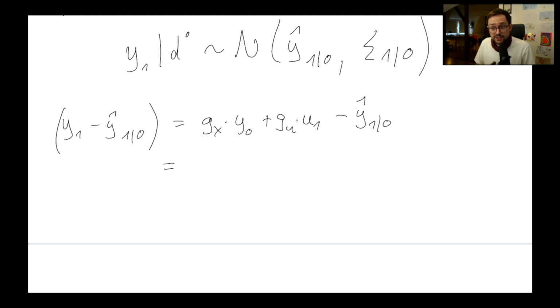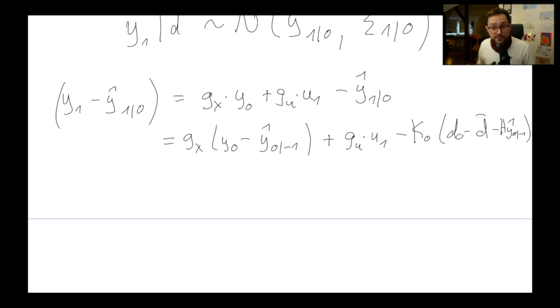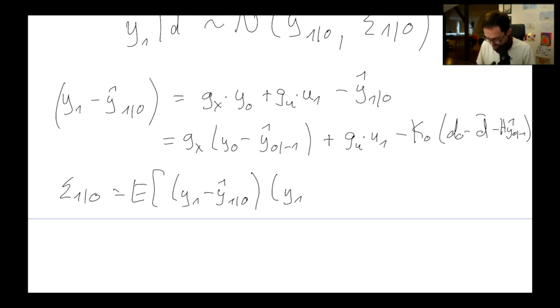Let's plug in the just derived equations and rearrange a little bit, and you can come up with this representation. And the covariance matrix Sigma 1 given 0 is the conditional expectation of that formula times its transpose, given information up to t.